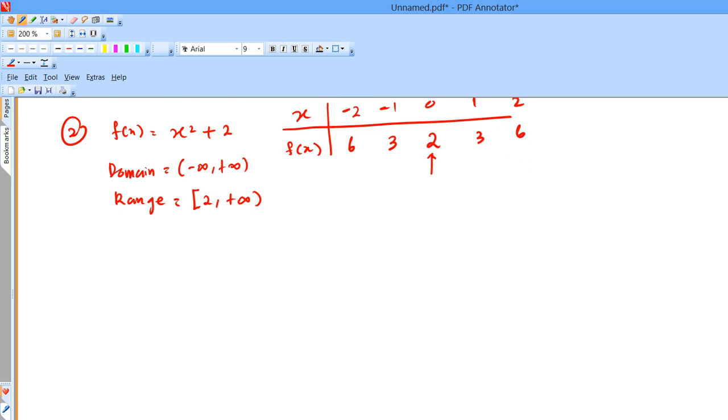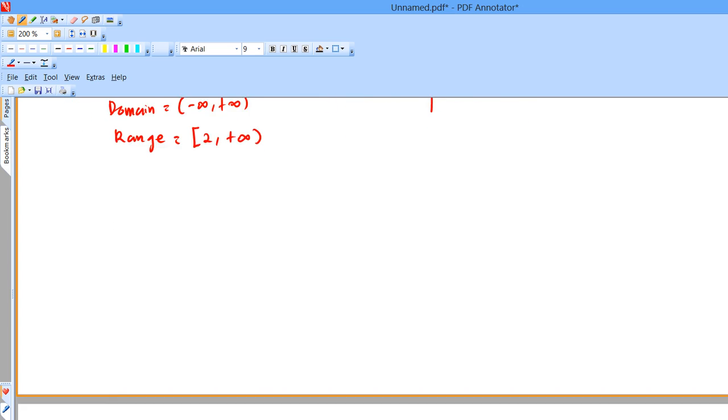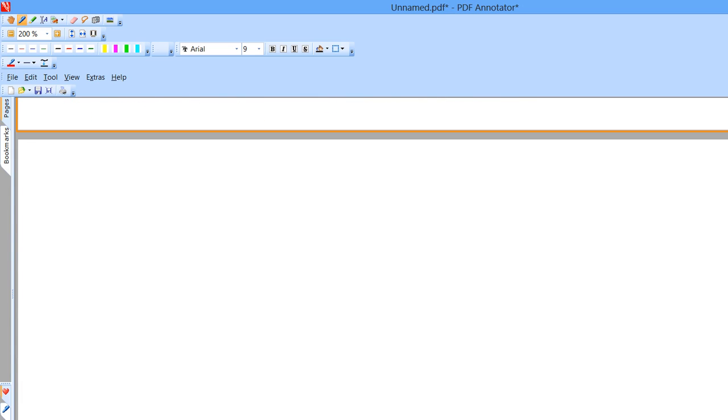Okay, next we move to functions with a radical. What is a radical? A radical means a square root.